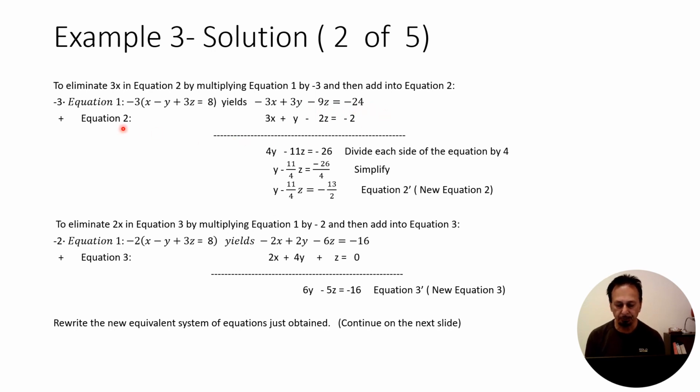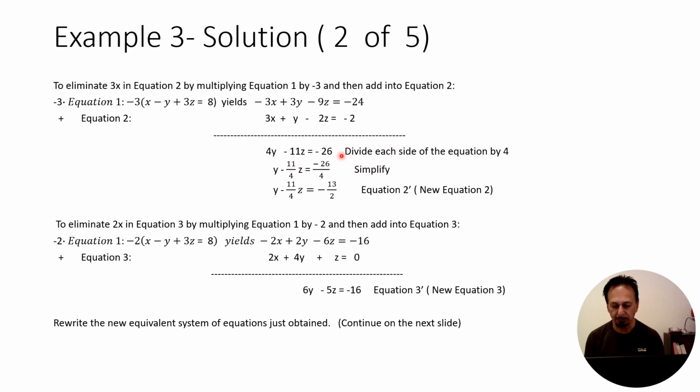Now we write equation 2, which is 3x plus y minus 2z equals minus 2. If you add, minus 3x and 3x cancel out, and 3y plus y becomes 4y, minus 9z and minus 2z becomes minus 11z, and minus 24 and minus 2 becomes minus 26.